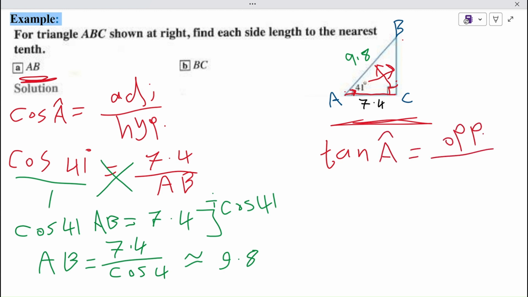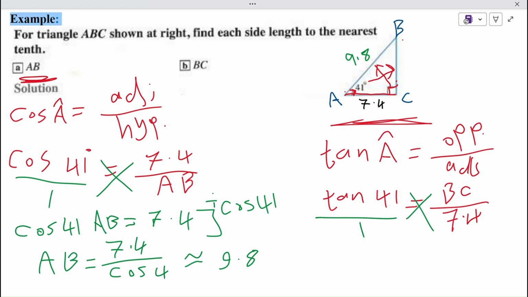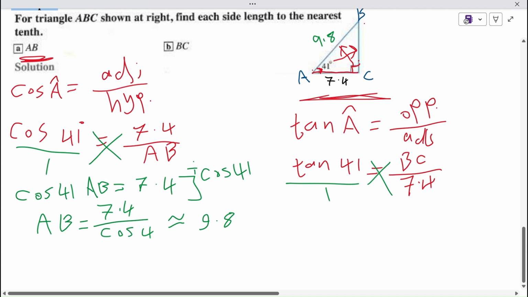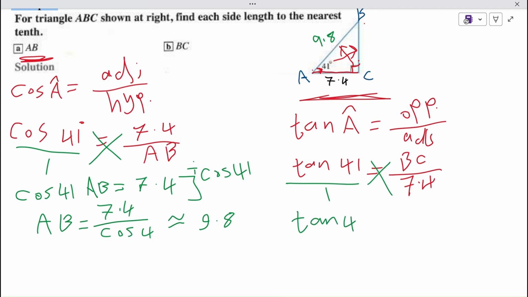Okay, tan of 41 is equal to the opposite side, BC, over 7.4. Now we can multiply by each other. This denominator is 1, then we will get tan 41 times 7.4 is equal to BC.